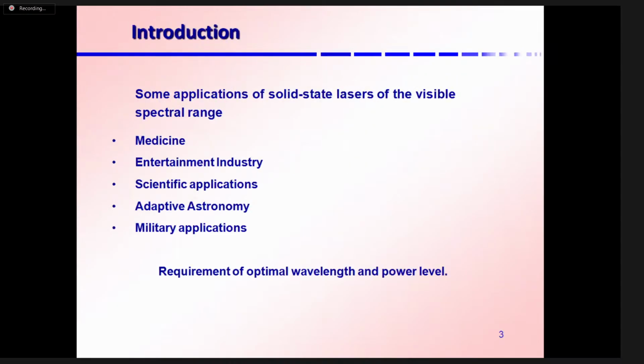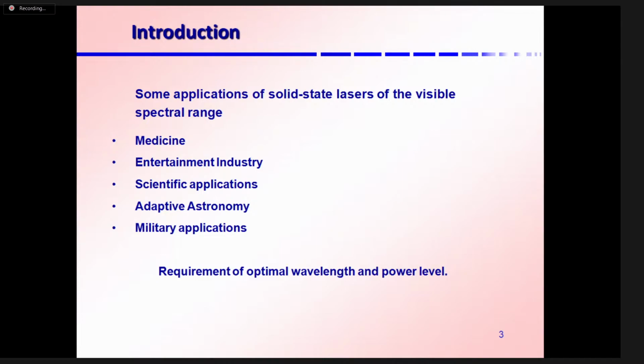Well, regarding applications, I think that in this audience it's not necessary to talk about all these practical applications of visible lasers, because many laser systems are necessary for medicine, entertainment, science, adaptive astronomy, military, and in many cases it is necessary to have special, optimal wavelengths for operation of a certain system, and have some specific interaction with the material.